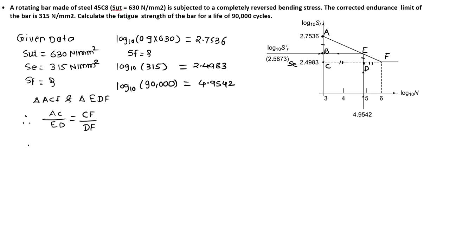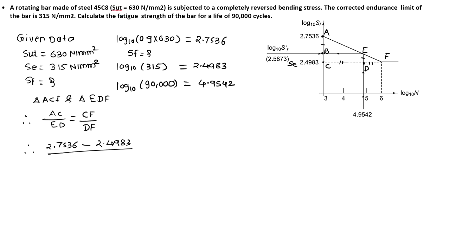At point A the value is 2.7536 minus, at point C, 2.4983, divided by ED.